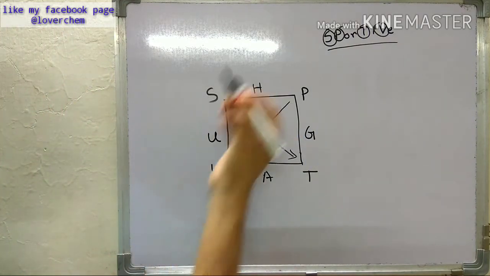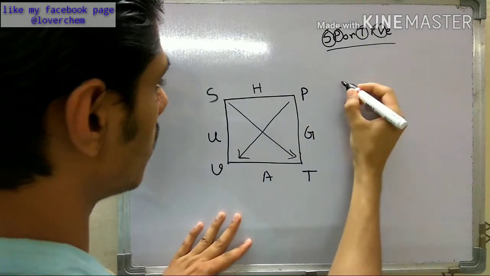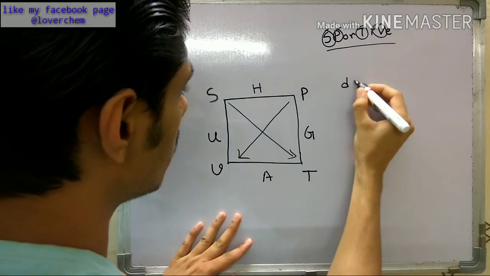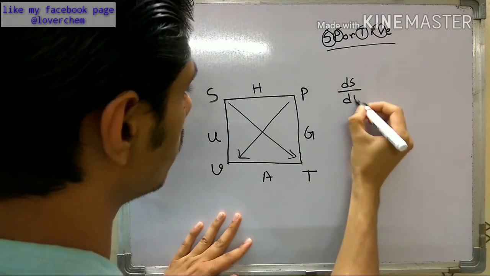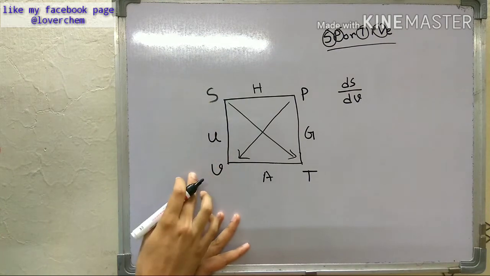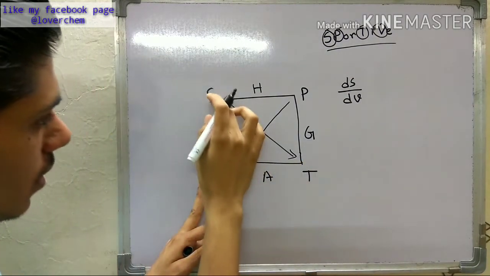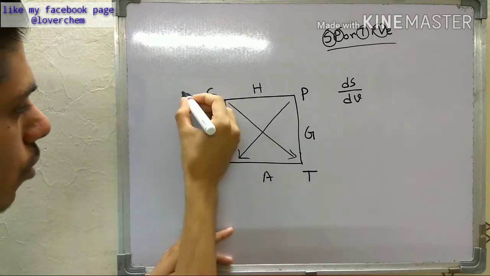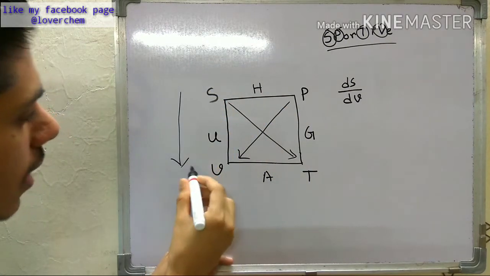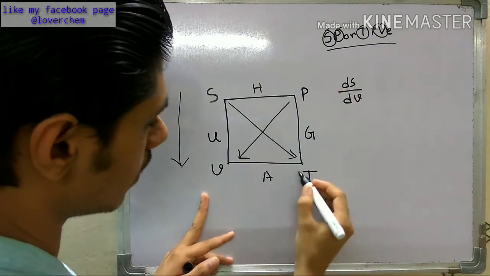Okay, now let us first take a partial derivative, let's say dS dV. So if we take dS dV, the corresponding parameter is V, and we go from here to here, and then we have to fix the constant term, this one.